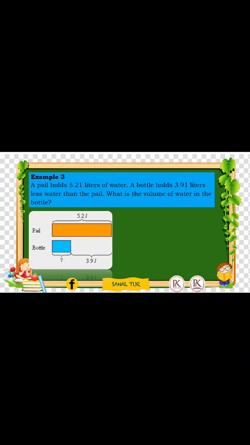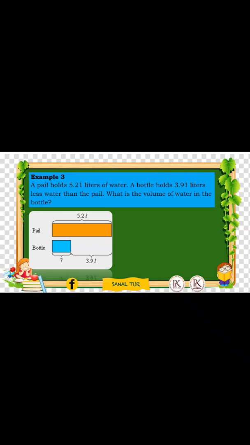So by looking at the illustration, it was illustrated that the pail can hold 5.21 liters of water. Then, the bottle can only hold 3.91 liters less the water from the pail. So meaning to say, what operation are we going to use?